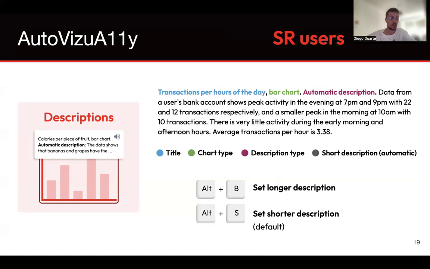Afterwards, the result is registered and sent back to the model in a second prompt where we asked for a 60-word summary of it. This second output is then registered as the shorter description, which is the one being read by default by the screen reader. But users can alternate between one another as needed.